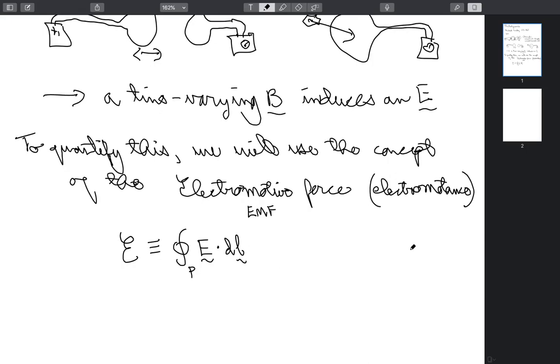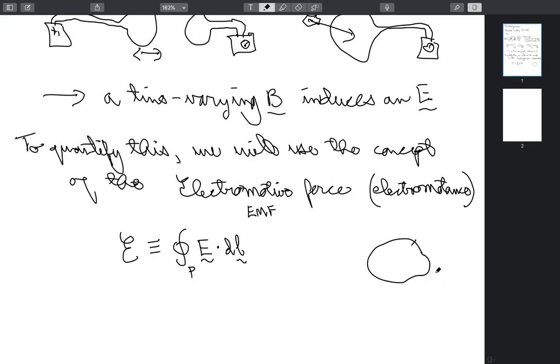If you have a certain loop like this, and you take a unit charge and you move it around the circuit, it's the energy that you accumulate as you do that. You could also interpret it by thinking of doing an imaginary cut on the wire and measuring the voltage difference between the two.